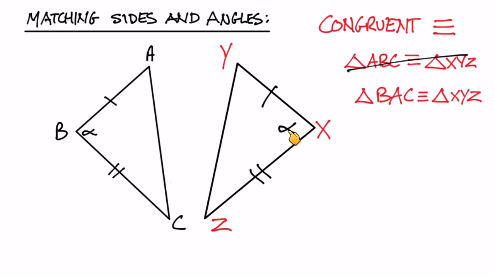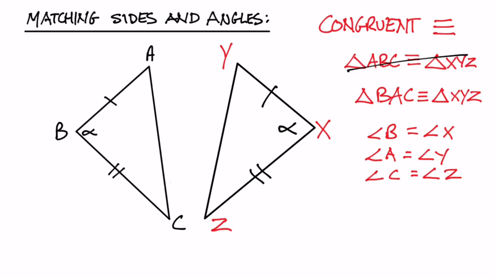We're looking for patterns. We started at alpha, we went alongside 1. And you need to reproduce that as you go, so that the matching angles here would be angle B matches angle X. Angle A matches angle Y. That's these two here.